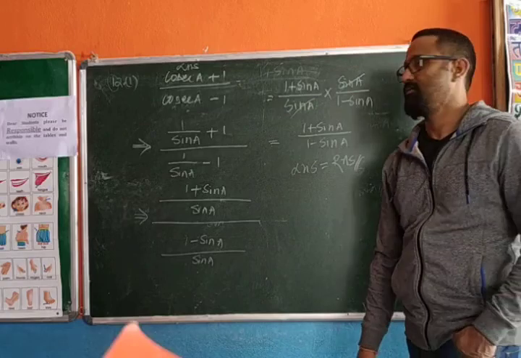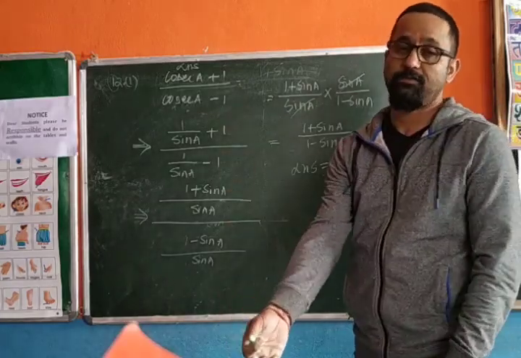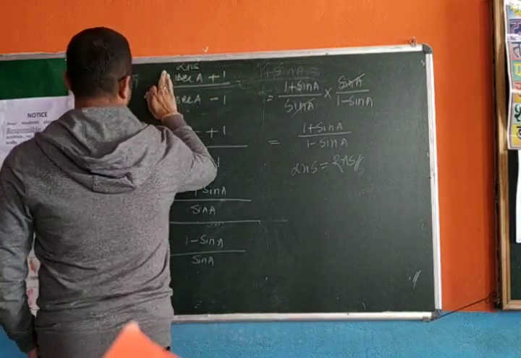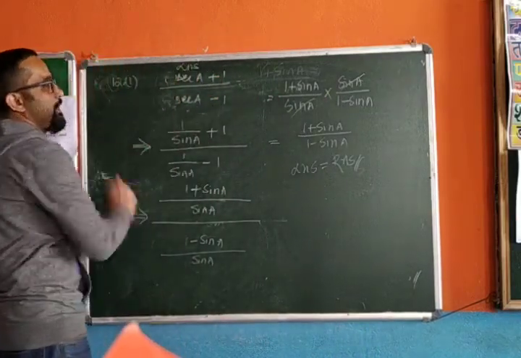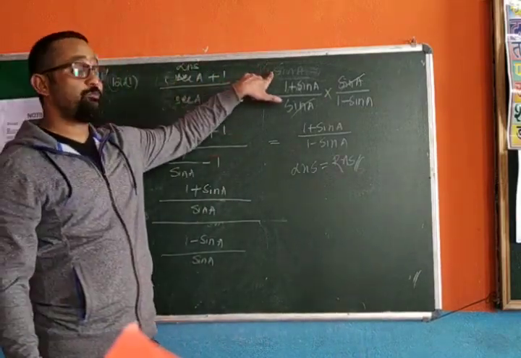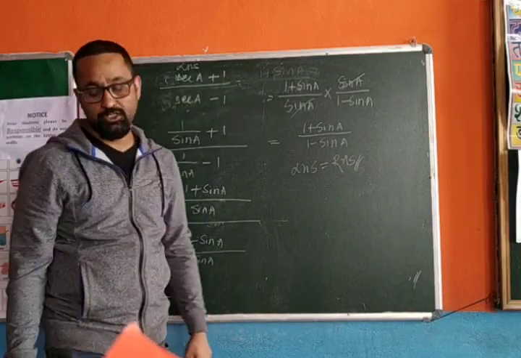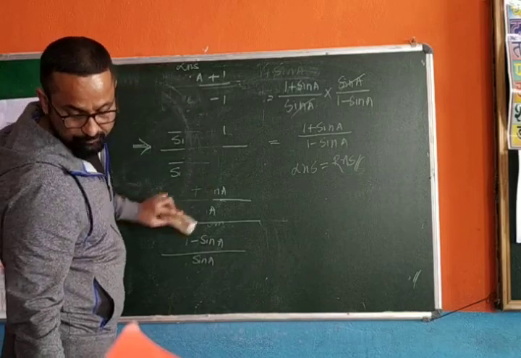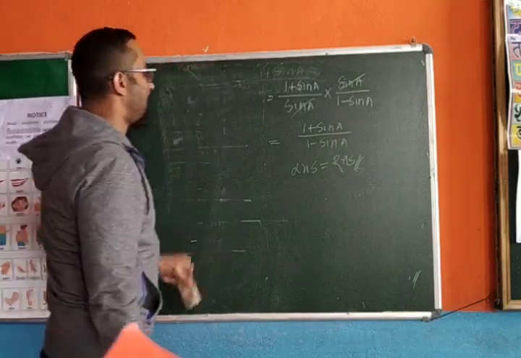Similar sum you have, you can try this question: prove sec, 1 plus cos divided by 1 minus cos. Question number 12, part 2.